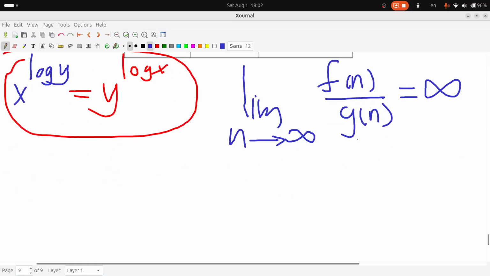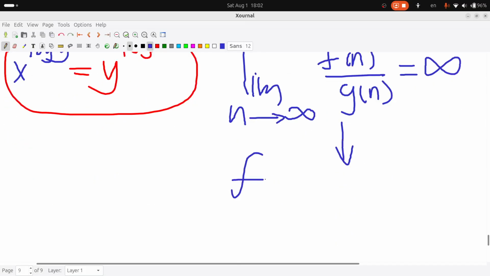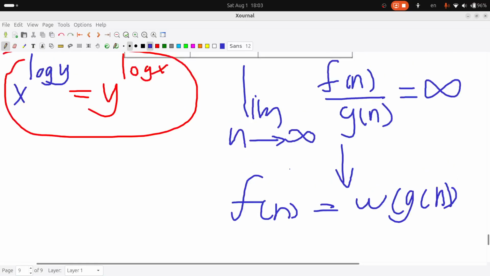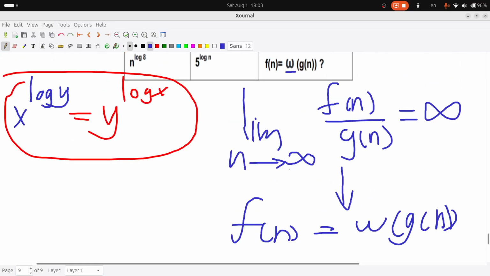If so, we can conclude that f(n) is omega of g(n). It's the easiest one, and if you want to know the definition, I can go to that.